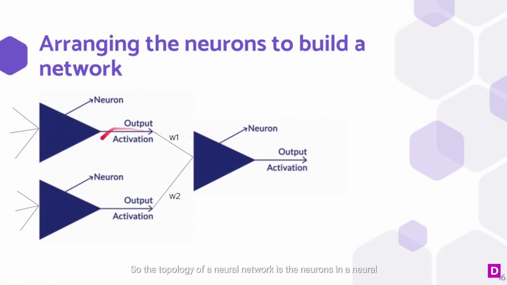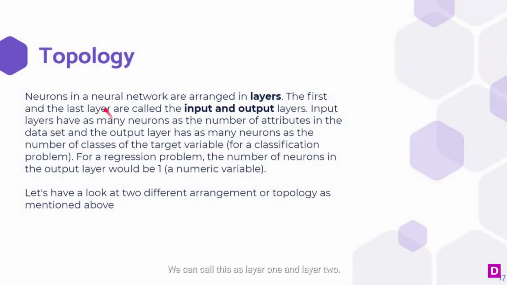As for the topology of a neural network, the neurons are arranged in layers. This is one layer and this is the second layer. We can call these layer 1 and layer 2. We arrange these layers together in order to form one complex neural network.